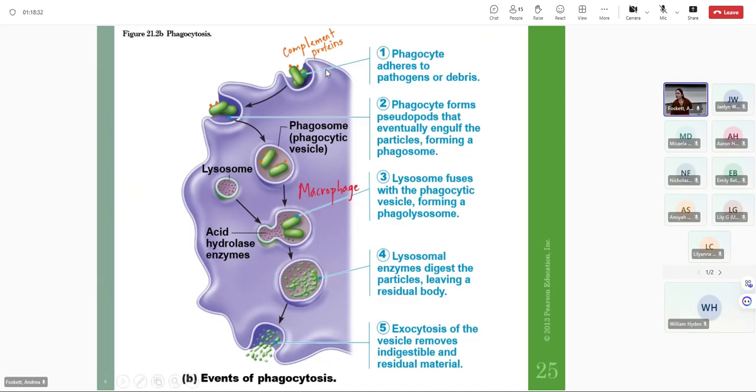So this macrophage or neutrophil is going to form vesicles. These vesicles are basically infoldings of the plasma membrane, which then allows you to internalize this bacteria, whatever it is, this pathogen, right? So then this vesicle is going to pinch off, becoming what I call a phagocytic vesicle. And what's inside this vesicle? Well, this is my target that I want to eliminate, right? So then this is going to merge with an organelle here called the lysosome.